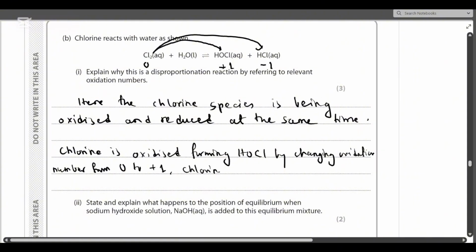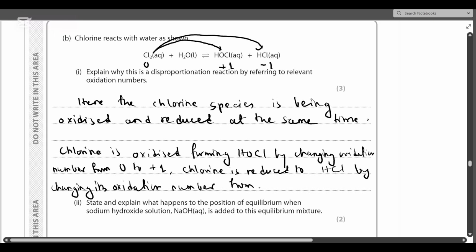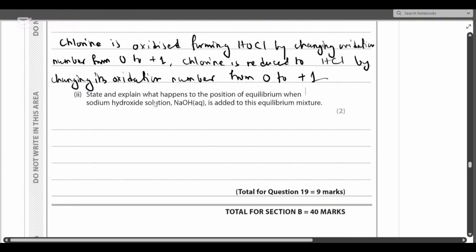Chlorine is reduced to HCl by changing its oxidation number from 0 to -1. So this is the correct way of writing this type of answers.